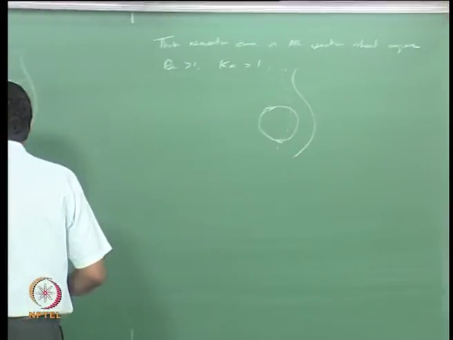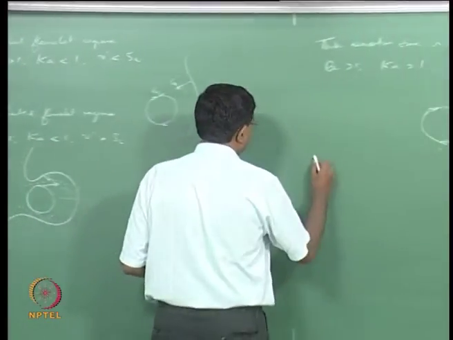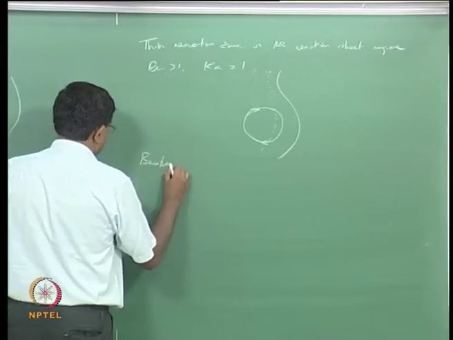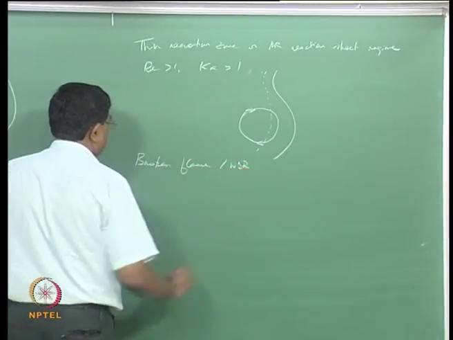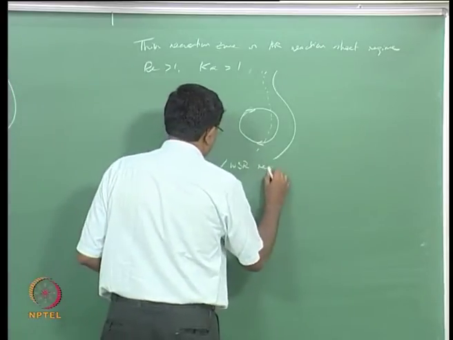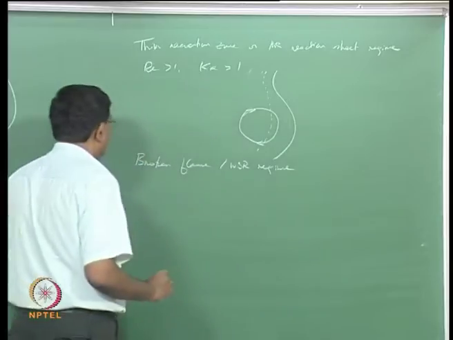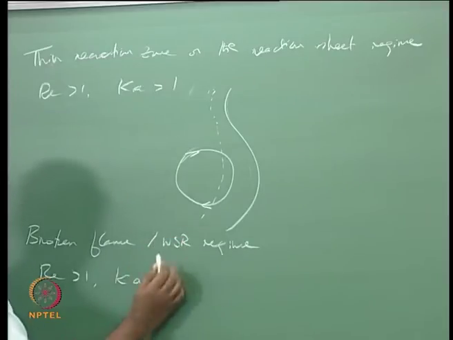And then finally you now get into the WSR, or the broken flames. The well stirred reactor, the WSR regime. Here of course the Reynolds number is greater than 1, of course the Karlovitz number is greater than 1.